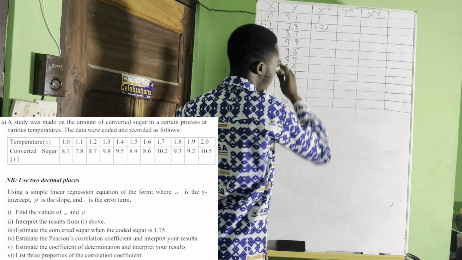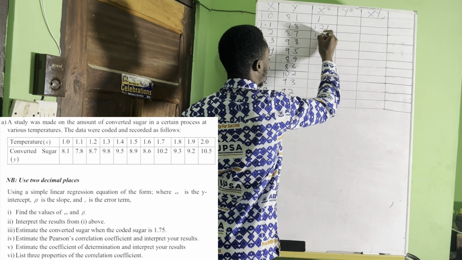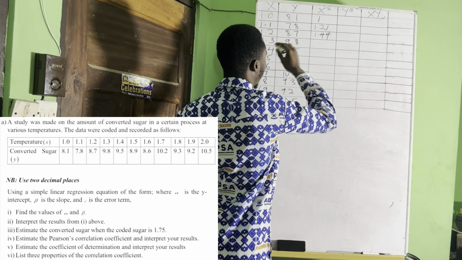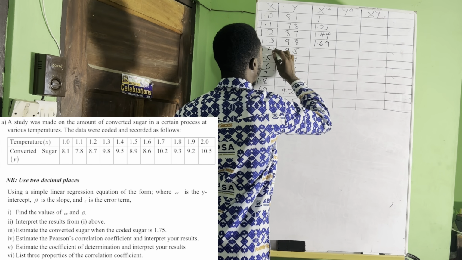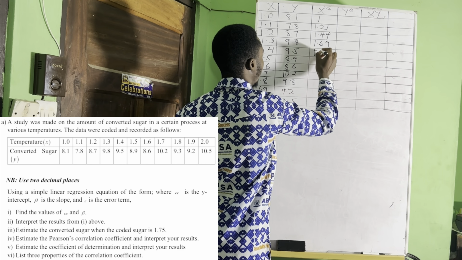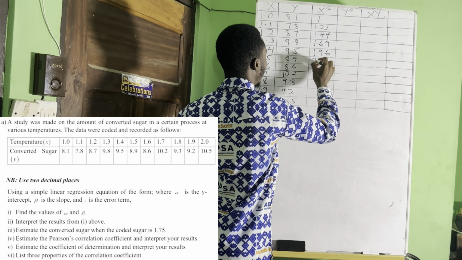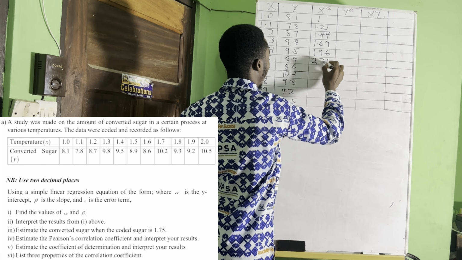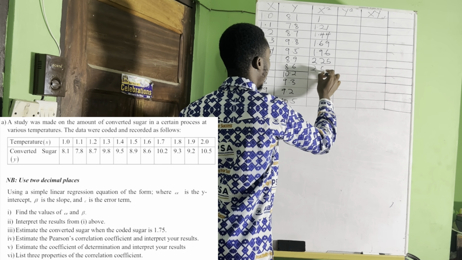Then the next one, 1.2. When you square it, you should be getting 1.44. Then the next one, 1.3, you should be getting 1.69. Then 1.4, you should be getting 1.96. Then 1.5, you should be getting 2.25. Then 1.6, you should be getting 2.56.